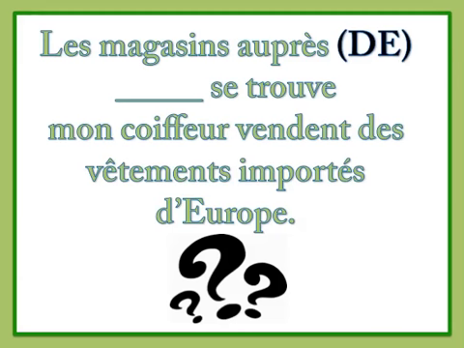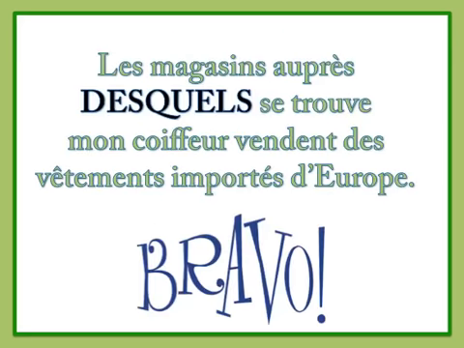Now here I have put de in parentheses just so that you know that some form of it has to go there. Les magasins auprès de blank se trouvent, mon coiffeur, vendent des vêtements importés d'Europe. What do you think about that one? Okay, let's see the answer then. Les magasins auprès desquels se trouve mon coiffeur vendent des vêtements importés d'Europe.